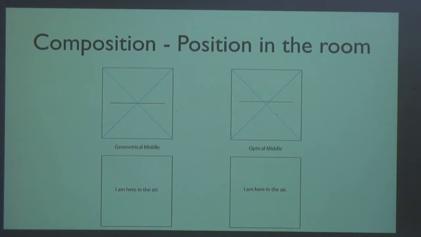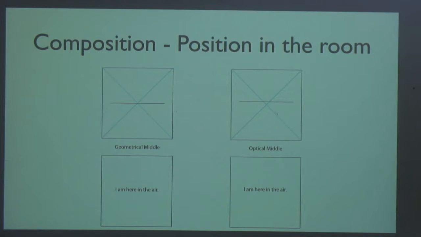So usually the rule of thumb is put it 10% higher, and then it looks like it is. The problem with the left one is that the sentence looks like it could fall down. And you don't want that. You actually want the sentence or the element to be firmly in the center of the page. And for that, it just needs to be a little bit higher.